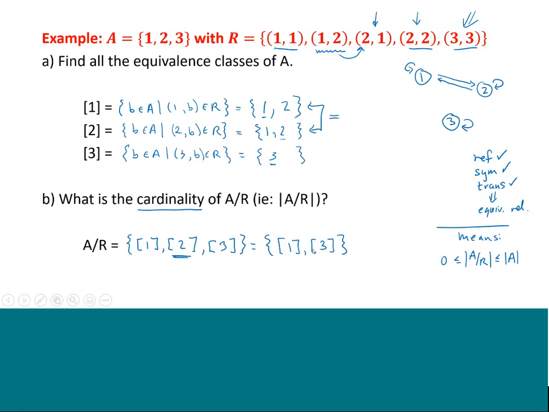Here, we broke it up into 2 pieces. If you create your quotient set correctly, your distinct equivalence classes use up the entirety of your building set A and break it up into a certain number of pieces. The cardinality of your quotient set tells you how many total pieces you broke that original building set into.